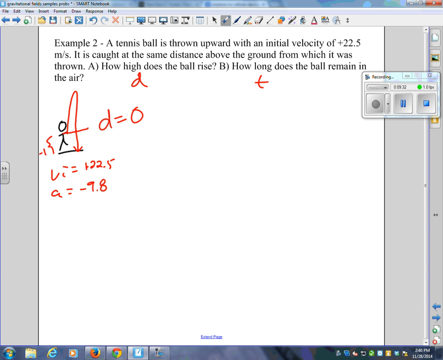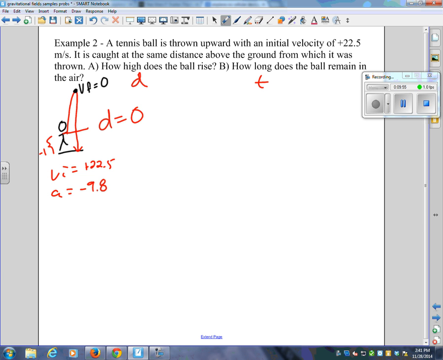Okay, here's another one of those implied situations that isn't specifically stated. Ball goes up. How high does the ball rise? So at that point, right there, what's the VF? 0. Is that explicitly stated?